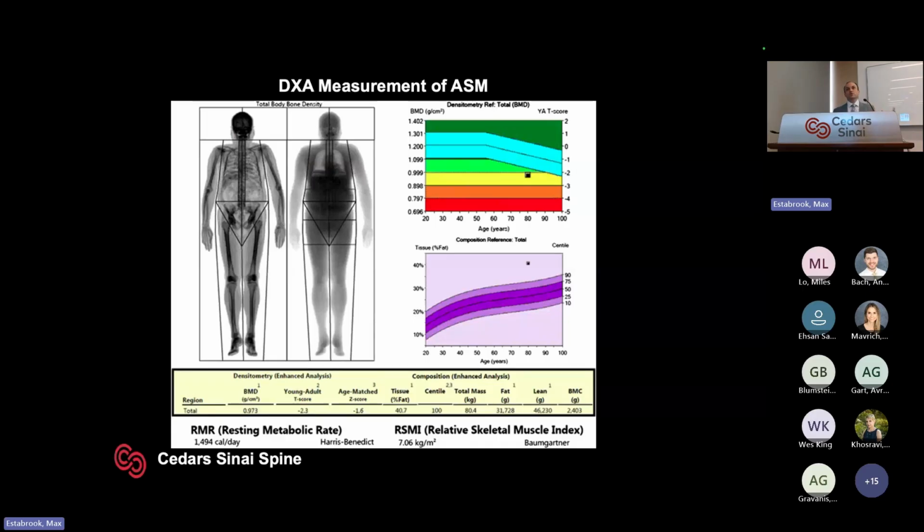When we look at measuring muscle mass, actually the gold standard historically has been DEXA scan, which we always use to look at bone density, but actually you can get a relative skeletal muscle mass index from DEXA, and this can give you a sense for total muscle content of the skeletal mass.